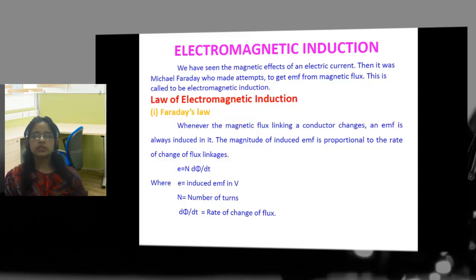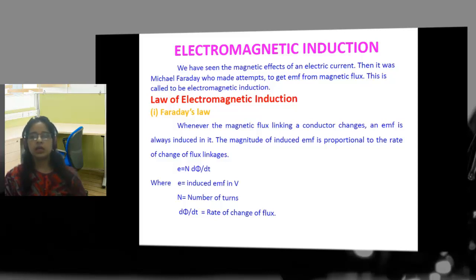Whenever a magnetic flux linking a conductor changes, then an EMF is induced in it. The magnitude of induced EMF is proportional to the rate of change of flux. This is Faraday's law.